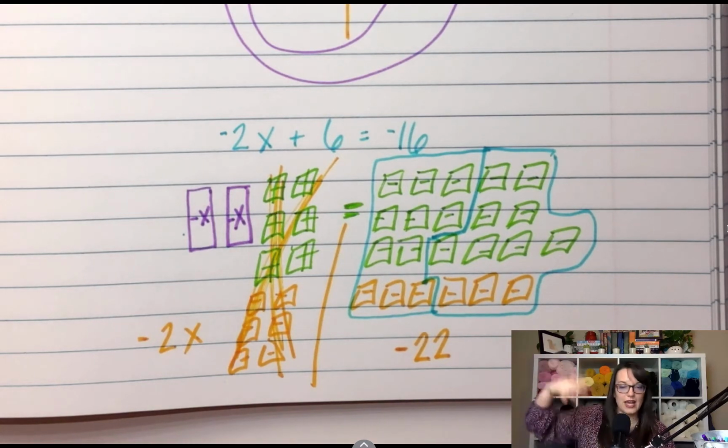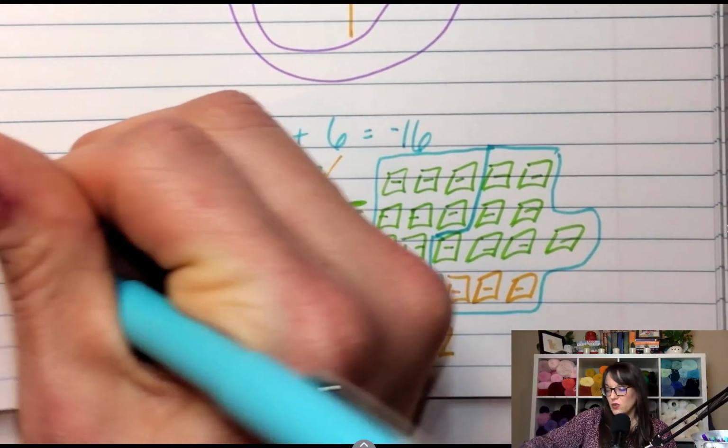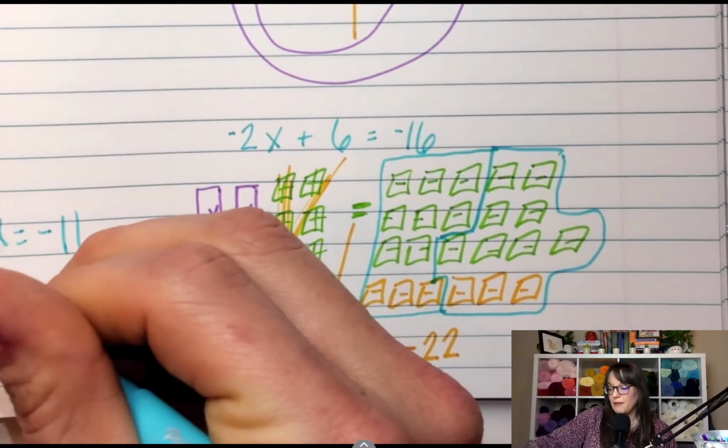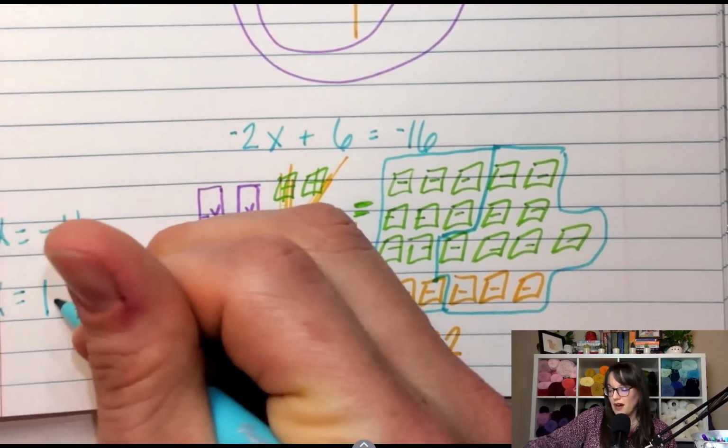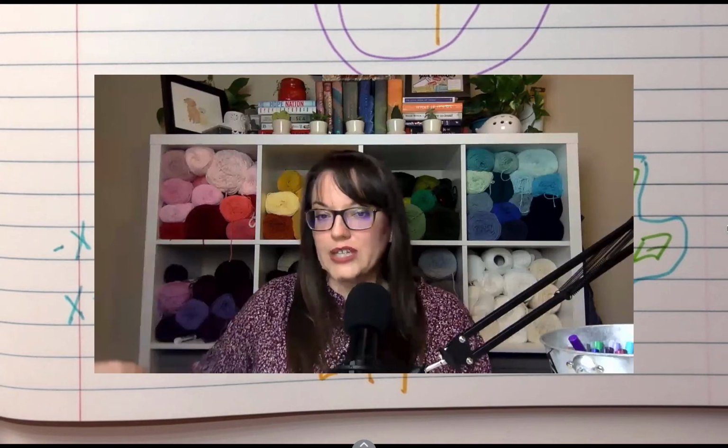So the opposite of a negative is a positive. What's the opposite of negative 11? Positive 11. So if negative x is equal to negative 11, then positive x is equal to positive 11.